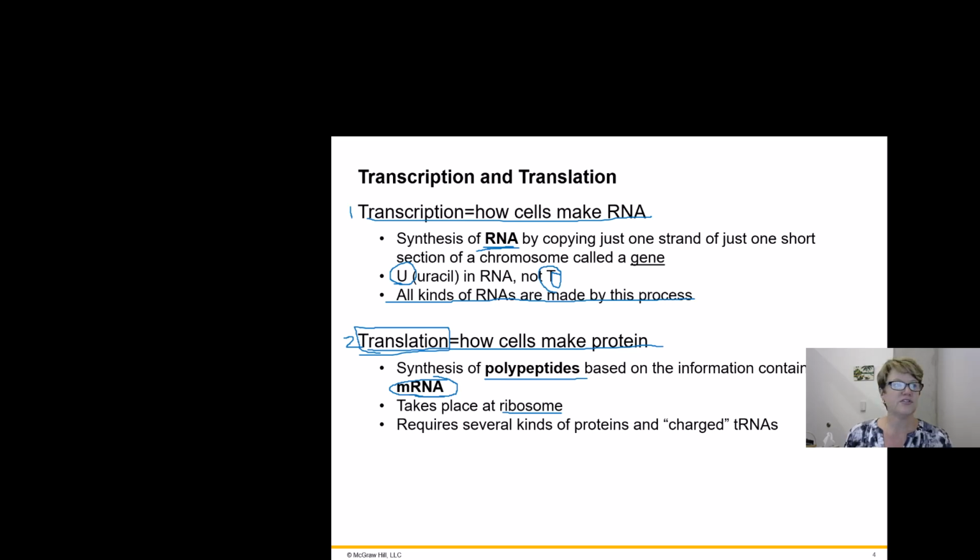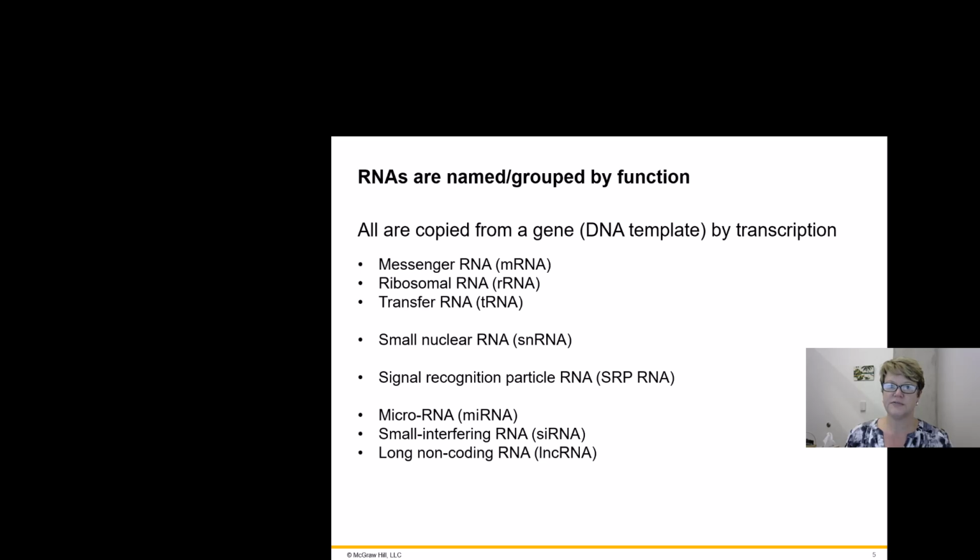So that gives us a good starting point. I'll show you on the next slide some different RNAs that exist. I don't know if you know any kinds of RNAs, but the three that are involved with translation are made by transcription.